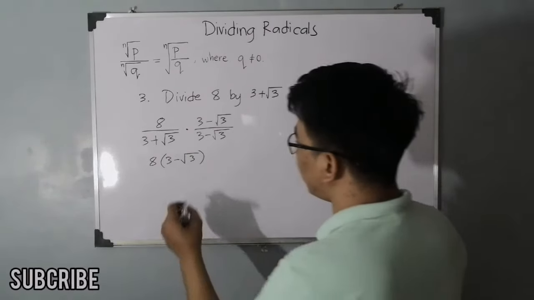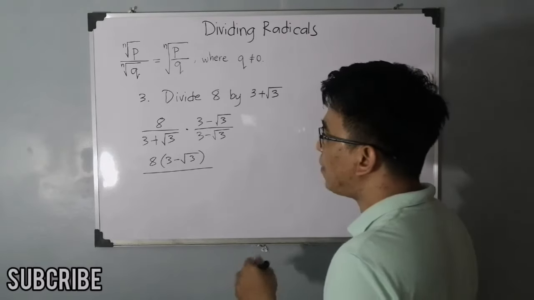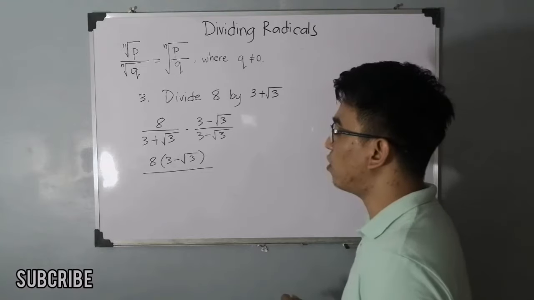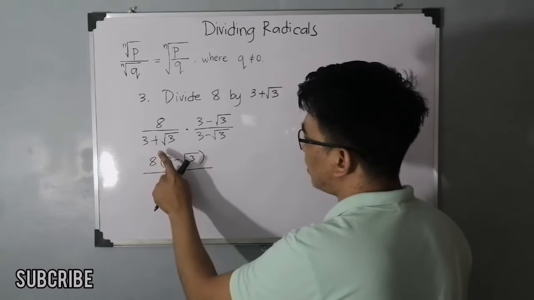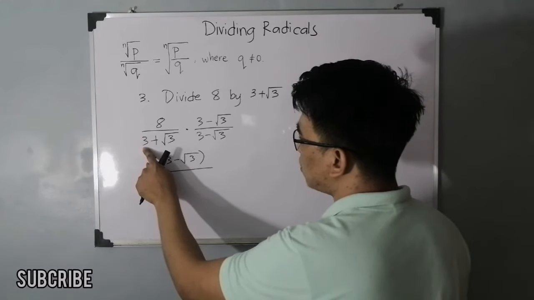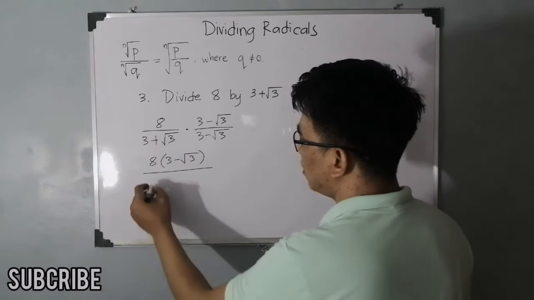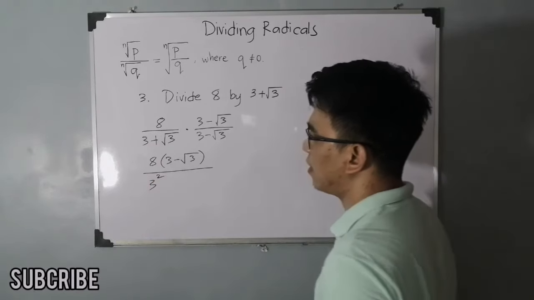So, for the denominator, instead of using FOIL method, gagamit tayo ng sum and difference of two binomials. So, dito, instead na mag-FOIL method tayo, ang gawin mo lang dito, to multiply this, is to copy your first term. Kasi parehas naman sila. So, copy your first term, 3, and square it.